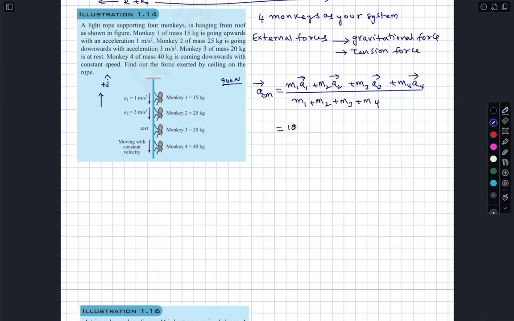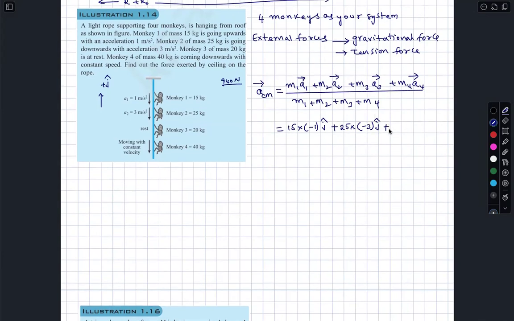M1 15 times A1 bar minus 1 J cap plus M2 25 times A2 bar minus 3 J cap plus M3 A3 0, because A3 is 0, even though it is moving with constant velocity, divided by the total mass of the system 15 plus 25 plus 20 plus 40, this is 60, this is 40, 100.